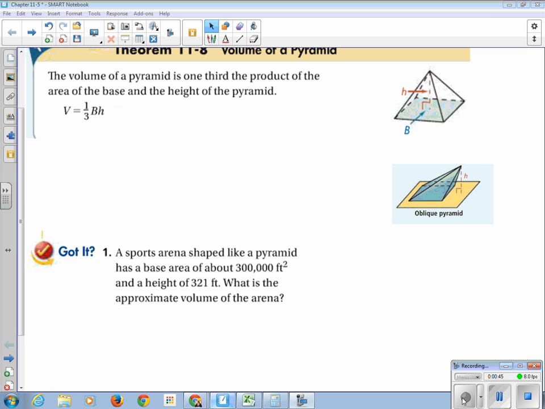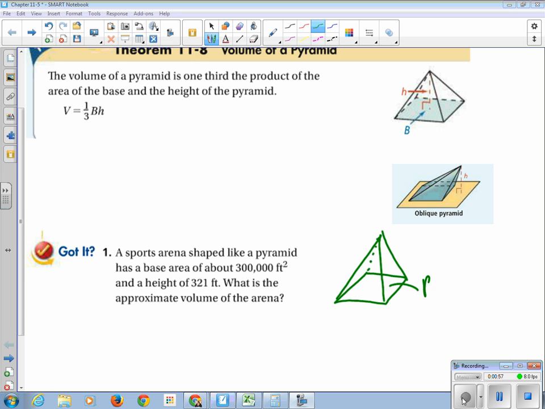All right, let's apply this to this problem here. A sports arena shaped like a pyramid has a base area of 300,000 square feet and a height of 321 feet.